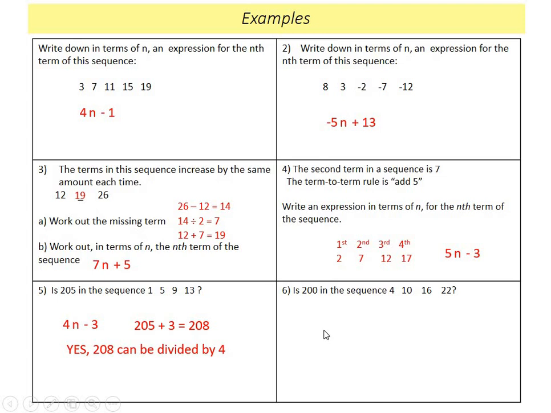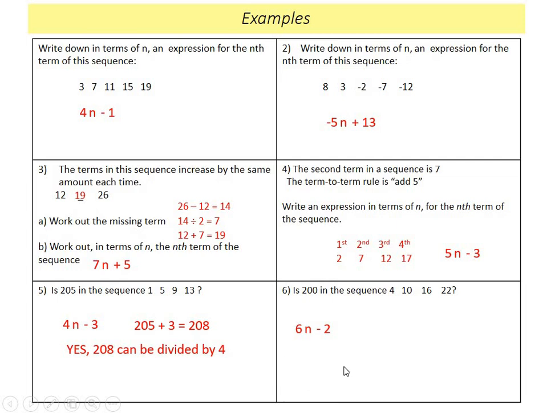So let's have a look at another example. Is 200 in the sequence 4, 10, 16, 22? Well, in this case, I can see the numbers are going up in 6s. So the nth term is 6n, and then to get from the number 6 to the first number, which is 4, I subtract 2.